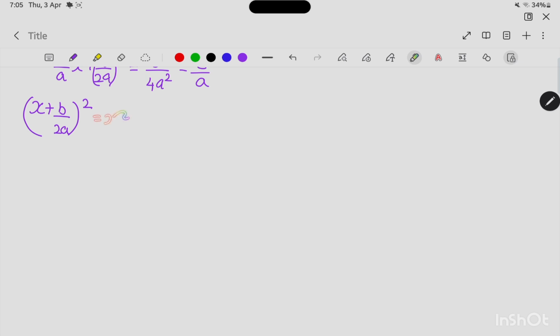You will get x square plus b square by 4a square, which is b by 2a the whole square, plus 2 times x times b by 2a, that is bx by a.